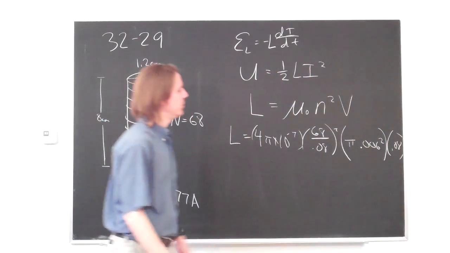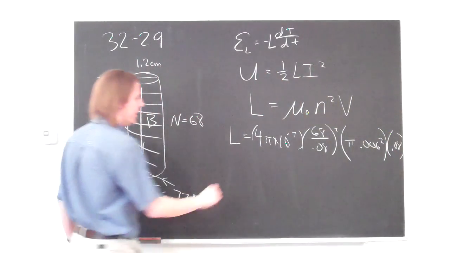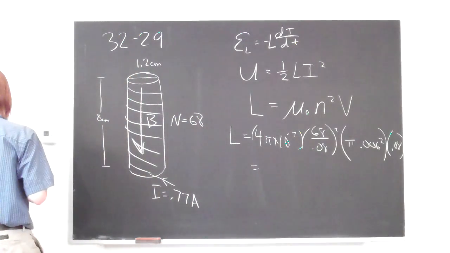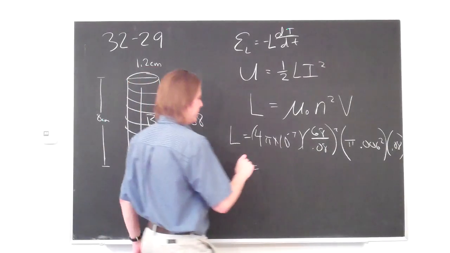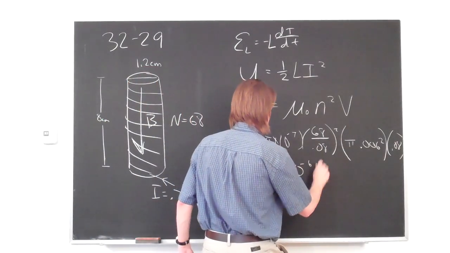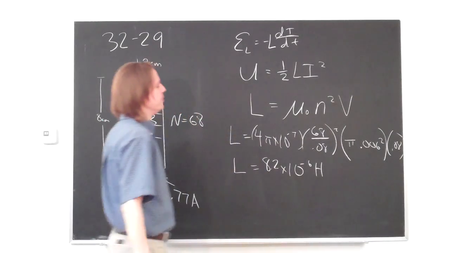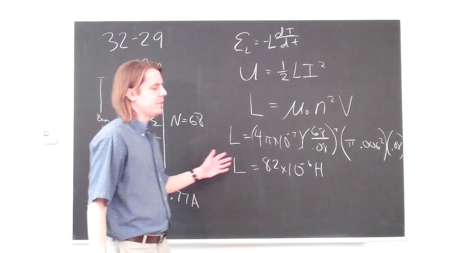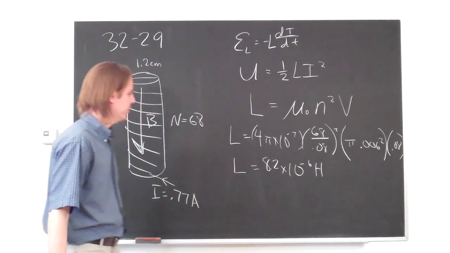So there it is, MKS units. If you multiply all that out, you get an inductance of 8.2 times 10 to the minus 6 henries. Right, the ideal solenoid is the one geometry that we can calculate the inductance for.